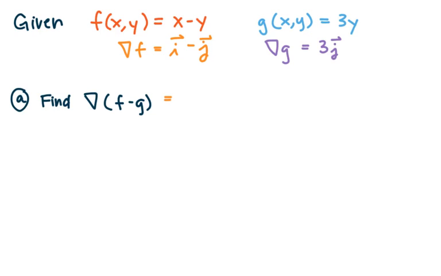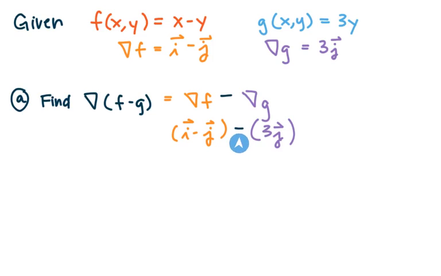So this is just a tool we could use to simplify our calculations. By definition, this would be the gradient of f minus the gradient of g, which is i minus j minus 3j. I do want to note that you would need to make sure to distribute that negative. We only have one i term here, so this is going to simplify to i minus 4j.